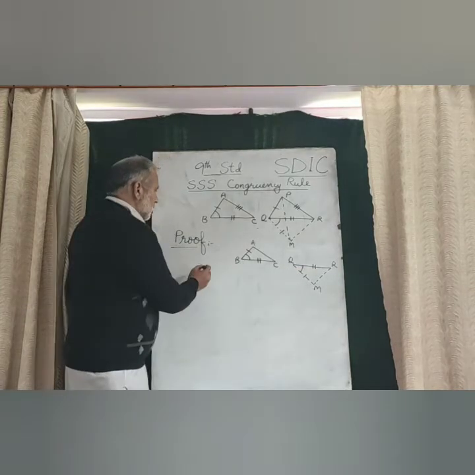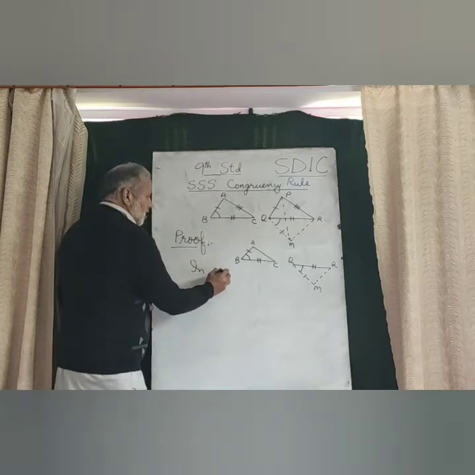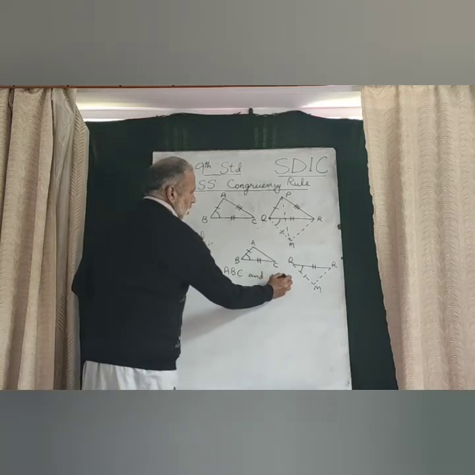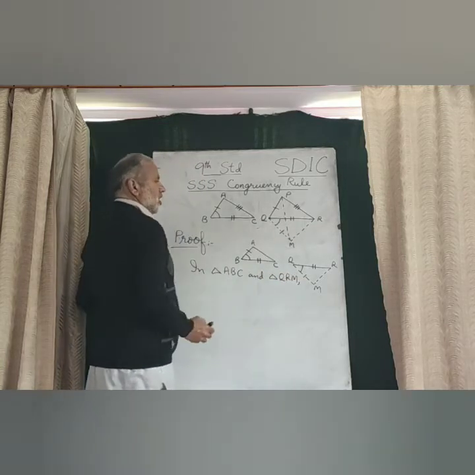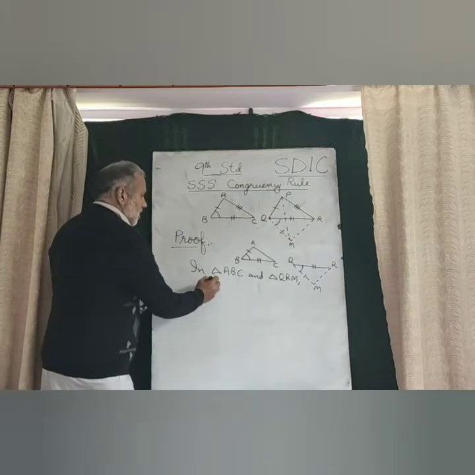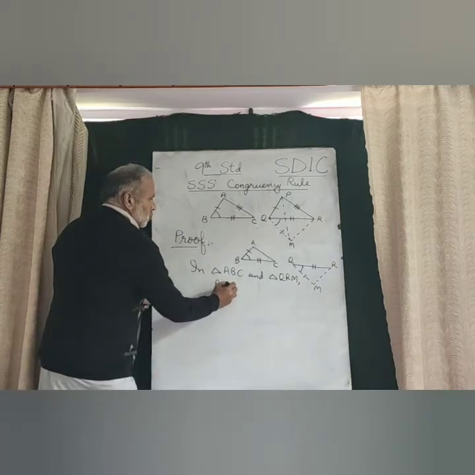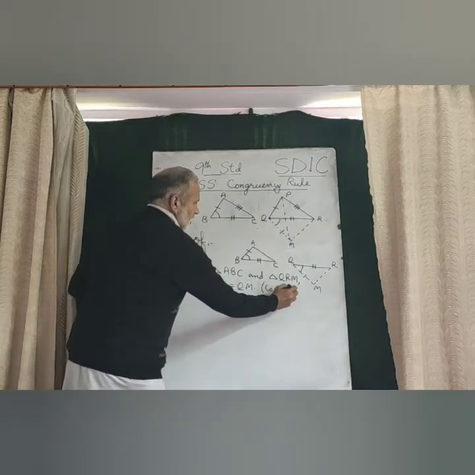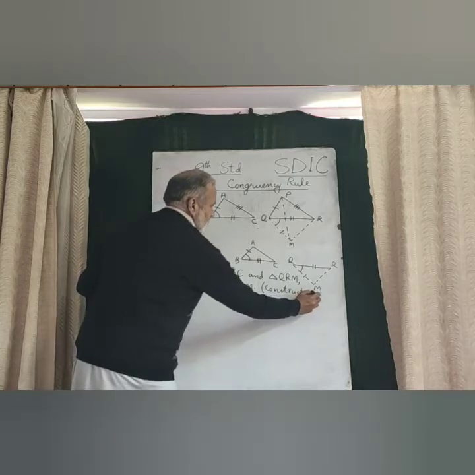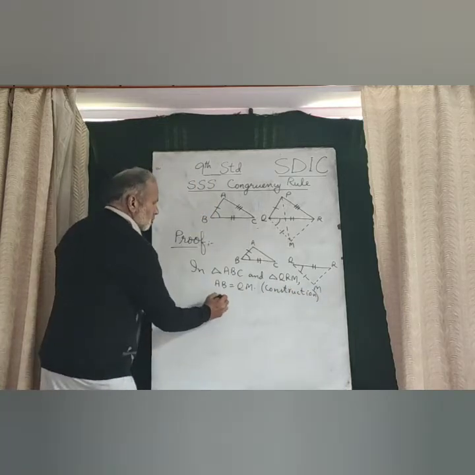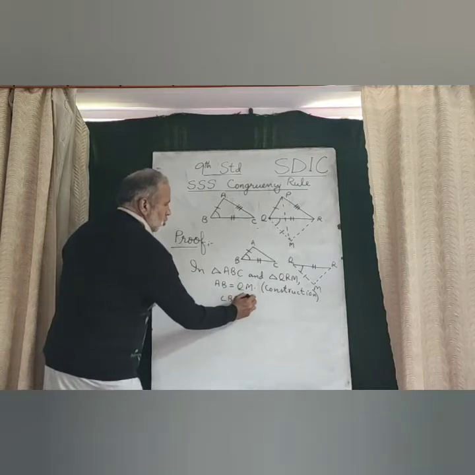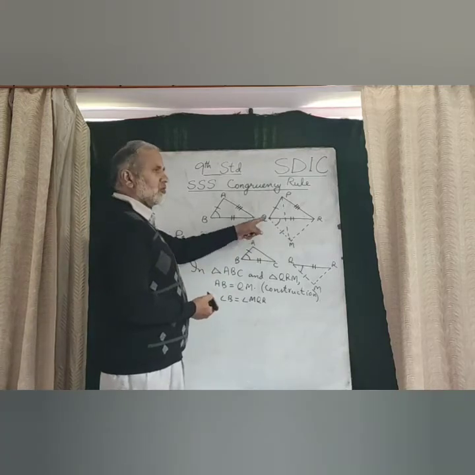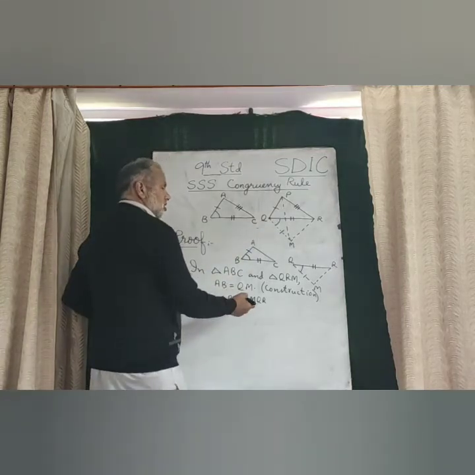Let us write. In triangle ABC and triangle QRM, we have AB is equal to QM. We have done this in construction, so write in the bracket construction. We have also made angle B equal to angle MQR. Full name will be given, I have earlier also said, because many angles are formed at point Q. Full name is therefore written.